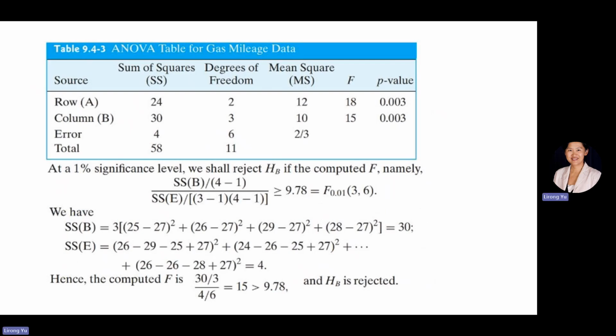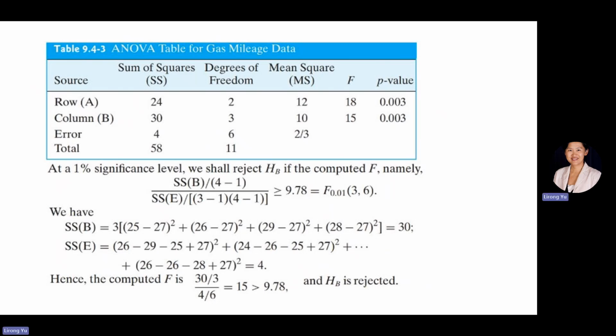Now, SSE is harder to calculate, because we're going to calculate the error term. You have to take the individual data point minus the column mean minus the row mean and plus the total mean to get the summation squared. And then you have to do this for all 12.